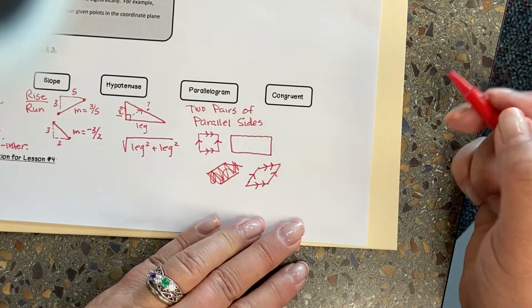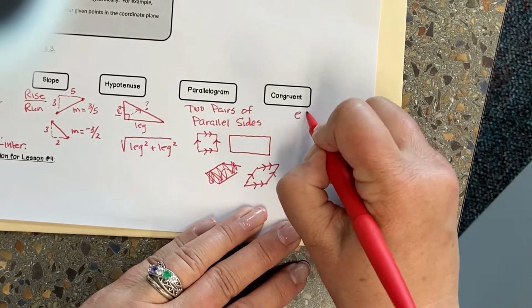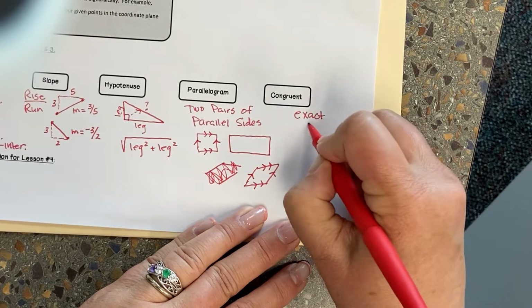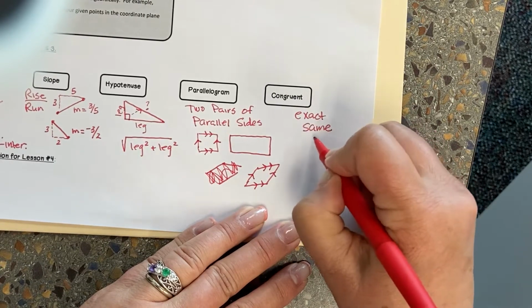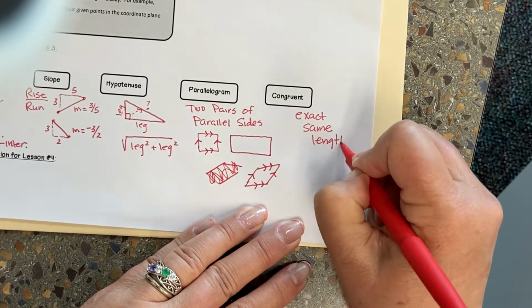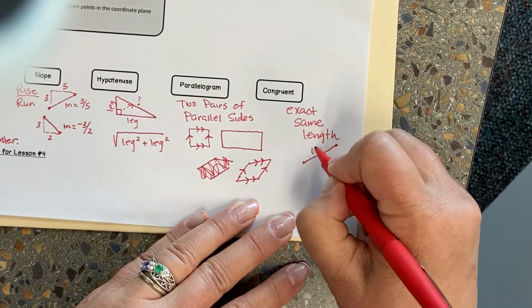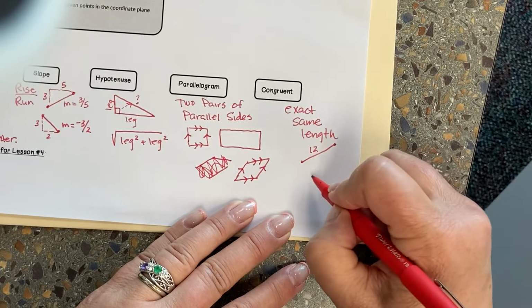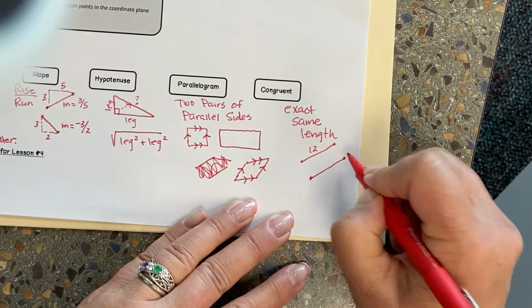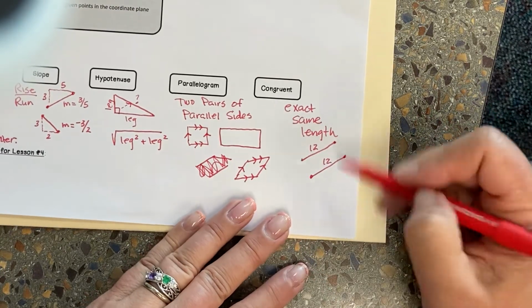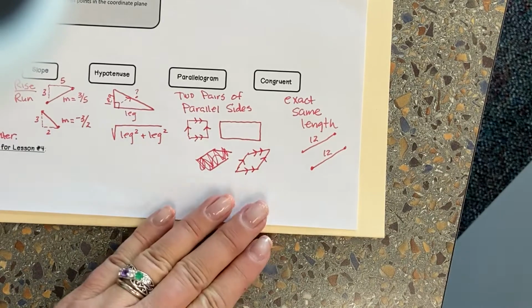Congruent is the exact same length. So if you have a side and you decide it's 12 long, and then you had another side, and you decided it's 12 long, they would be congruent to each other.